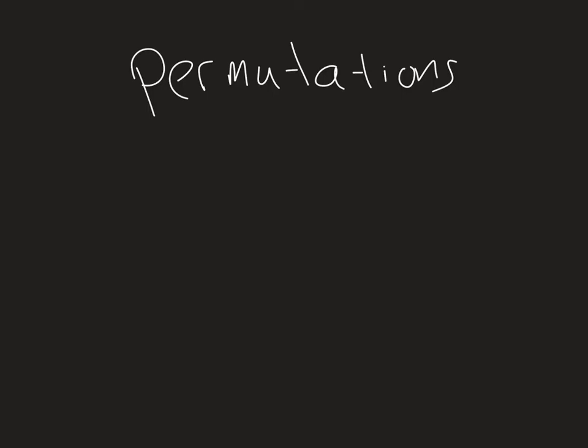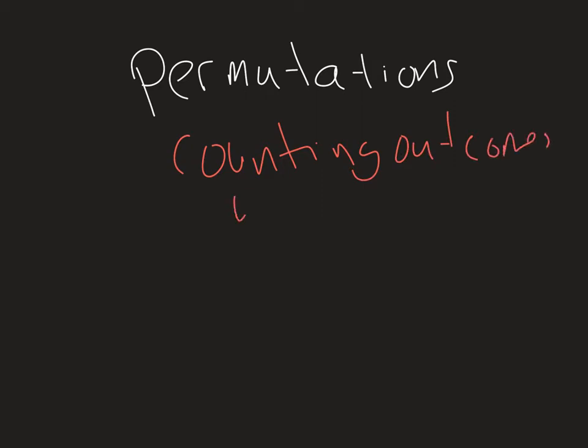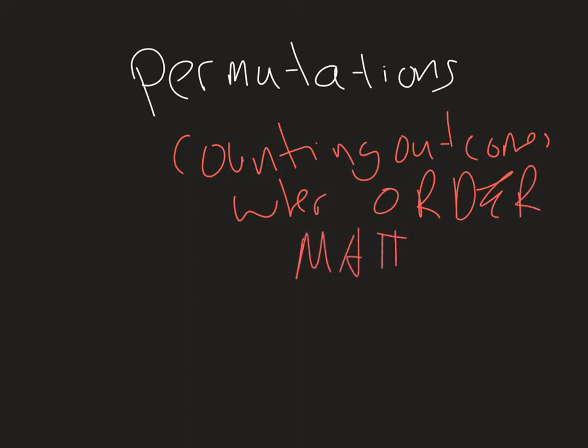A permutation is a way of counting possible outcomes where order matters. And that's very important. We'll talk later about combinations where order does not matter so much.